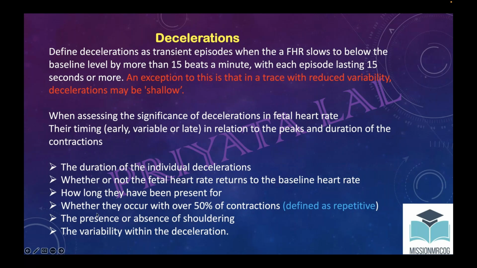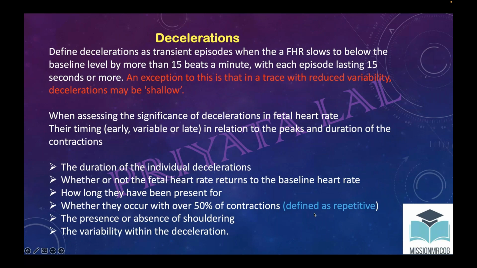Previously they used to write present in more than half of the contractions or not. But now, if the decelerations are present with more than 50% of contractions, this is a new change in the guideline. Now it is defined as repetitive deceleration.